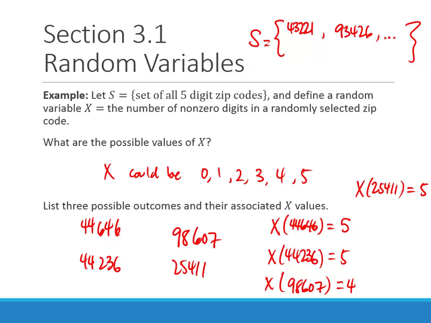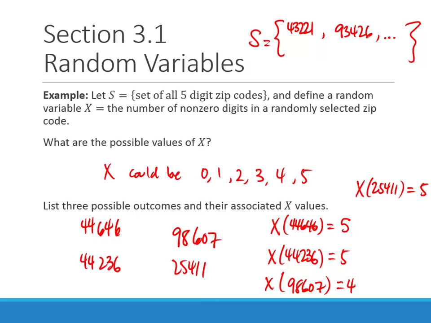Even number, yeah, exactly right. So you would have to assign all the even numbers some number, right? So you could do a 1 or a 0 if it's even. Say that again. The number of even numbers. Oh, okay, yeah. So we could look at the number of even numbers in a zip code. That would work just fine. The sum of the 5 digits, that would be great as well.